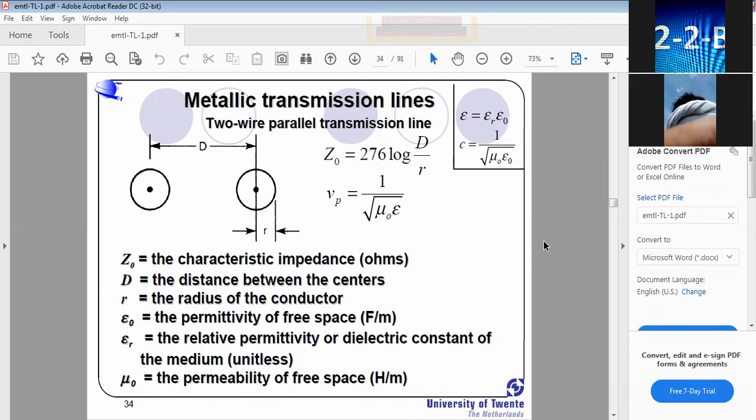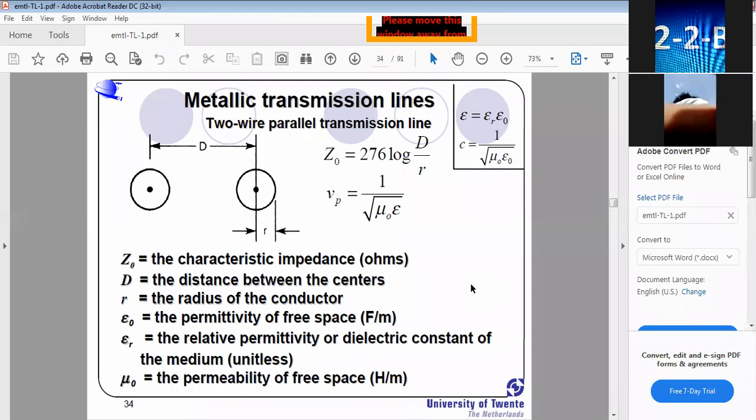Here, you already know the different types of transmission lines from the earlier class.